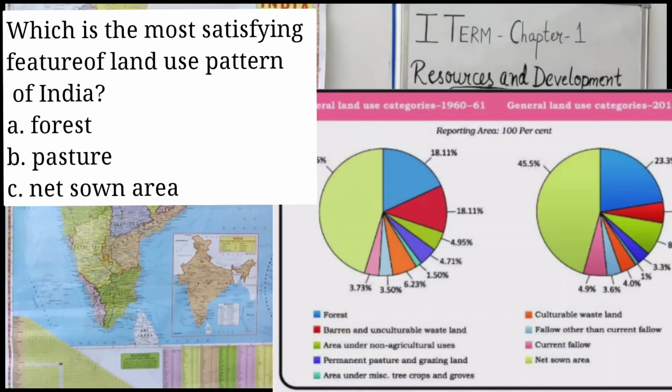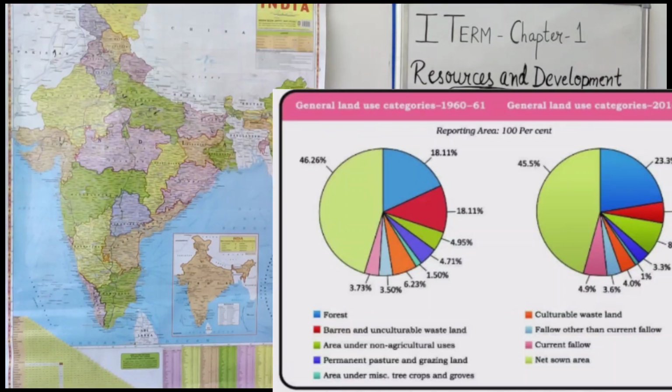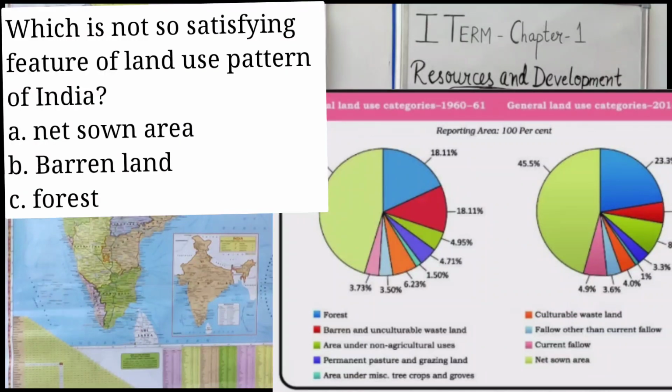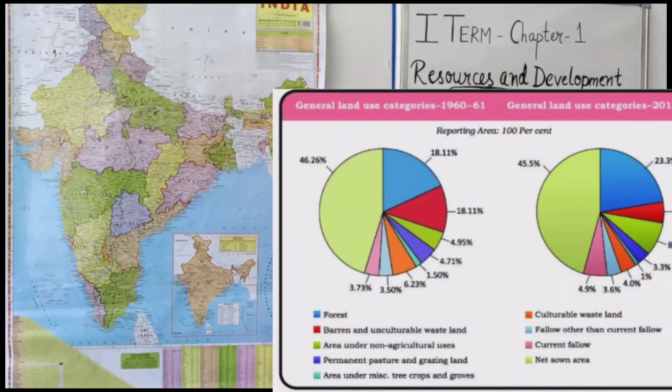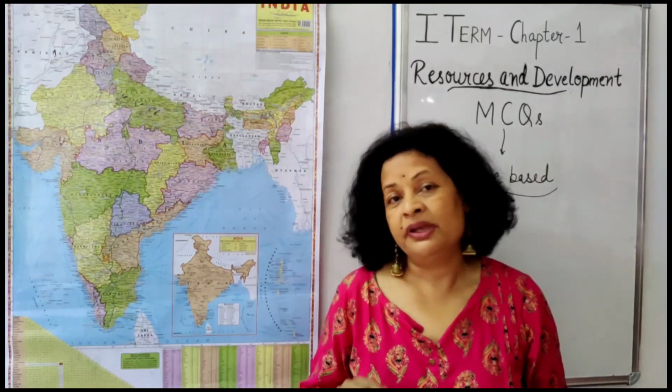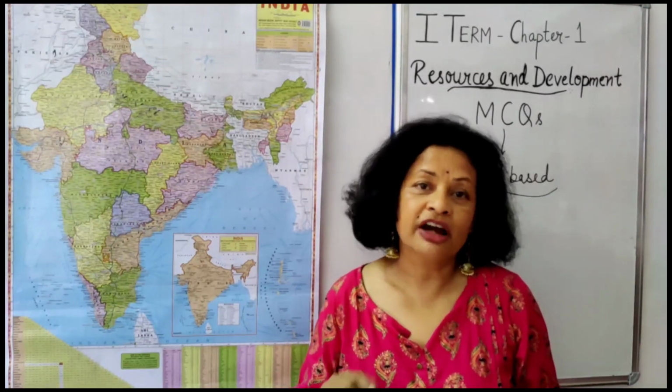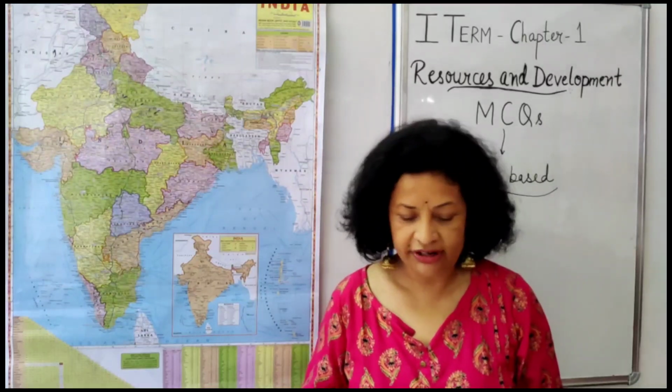Now just the opposite question: which is the not so satisfying feature of India? Net sown area, barren land, or forests? The answer is forests. In spite of the increase in forest cover, it is much lesser than the required norm, which is that 33% of the country's land should be under forest.